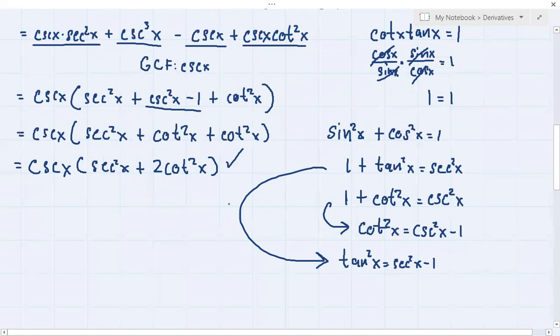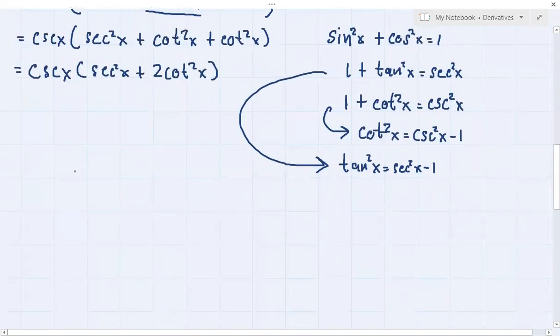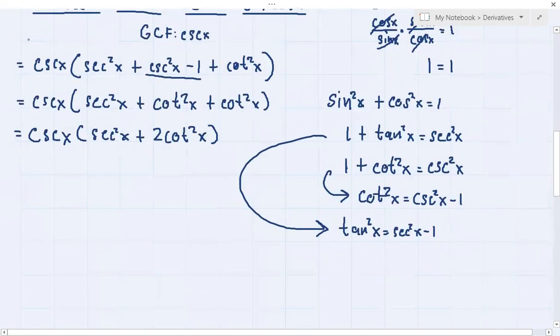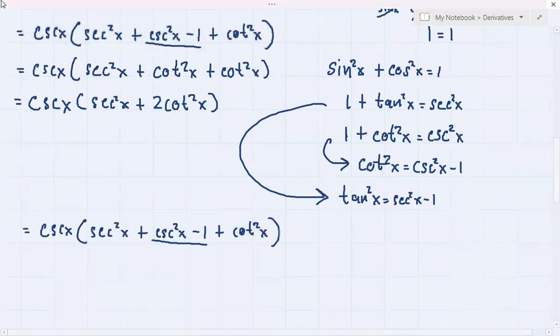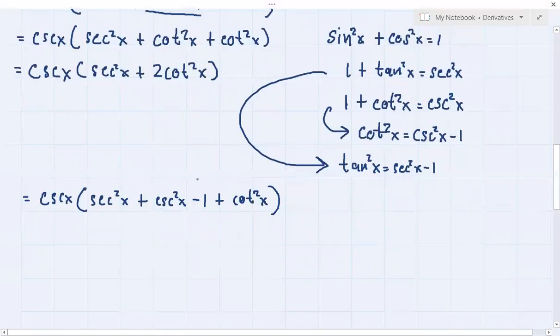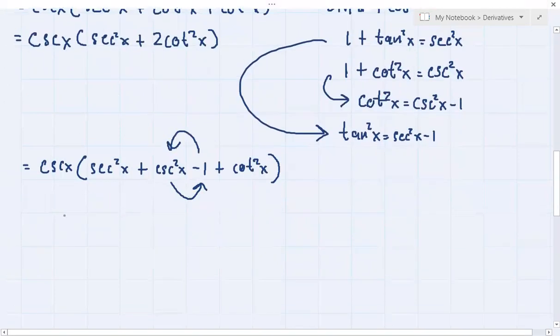Or, we can also do this. Let me give you another way around. Let me copy this one first. Or you can have this answer. We can simply interchange the position of the minus 1 and cosecant squared x. We can do that.